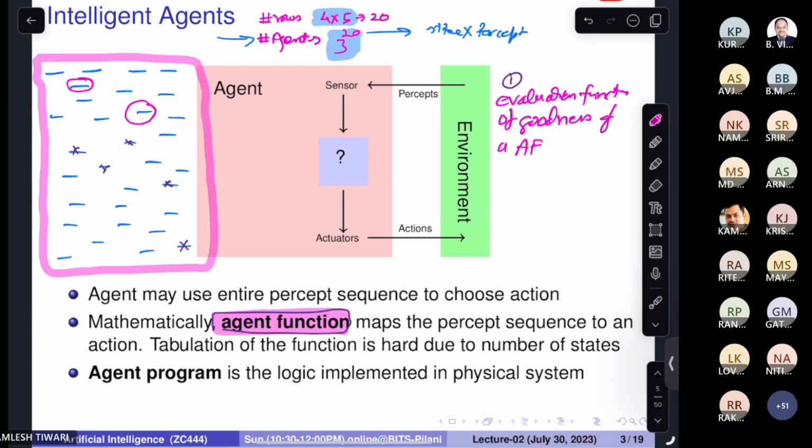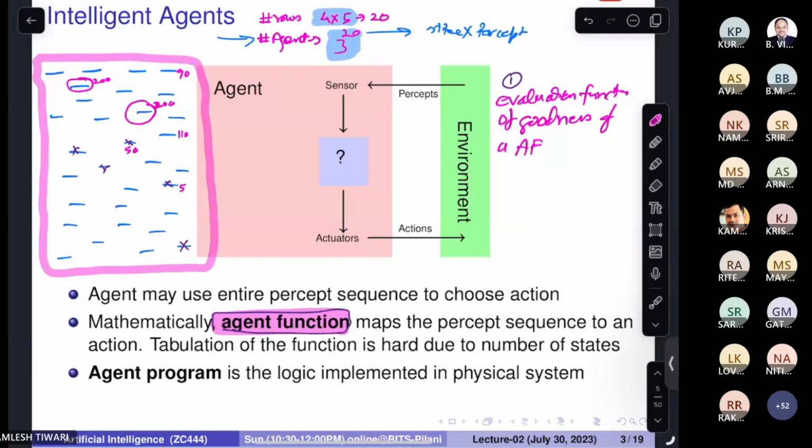Maybe this agent function's goodness is 5, and its goodness is 200. Its goodness is 110. Its goodness is 50. This goodness is 90. And its goodness is also 200. We have to find out what the goodness is. So there should be a measure by which we can tell how good this particular thing is, so that I can say okay, I'm going to choose this one.